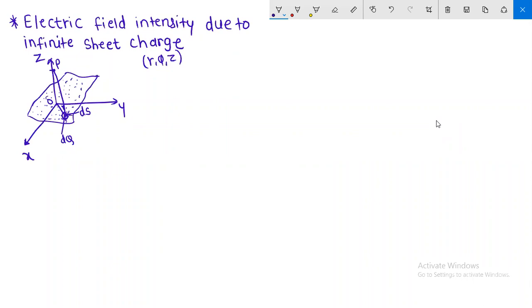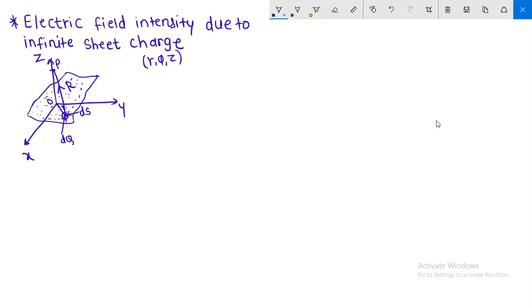From ds to P, because we have to find the electric field intensity at point P. Yes, ds to P, correct. So this is the direction, and the distance is considered r here.